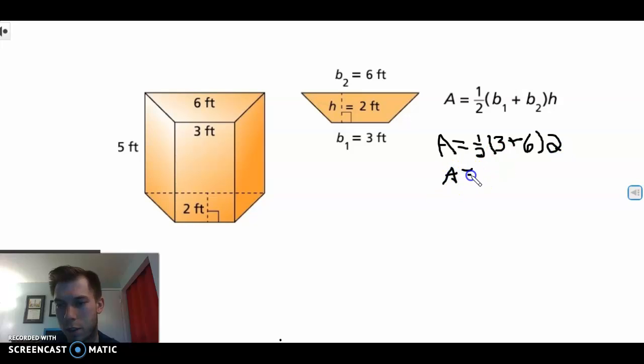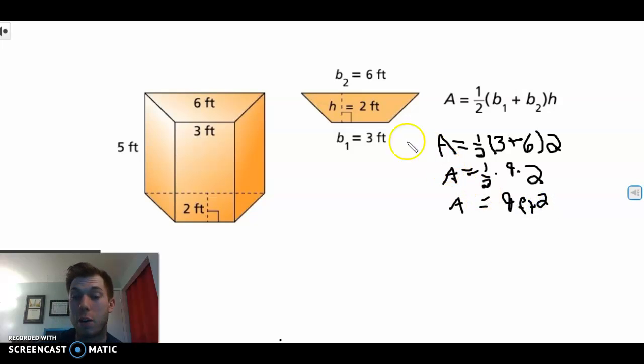Following order of operations, 3 plus 6 gets you 9, so 1/2 multiplied by 9 multiplied by 2. When you multiply all these together, you get 9 feet squared. So we have the area of the base, or the area of the trapezoid in this case.